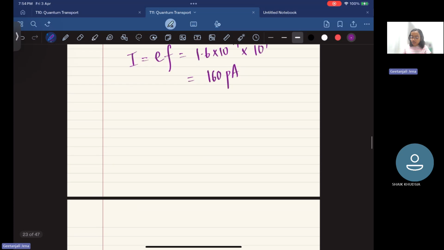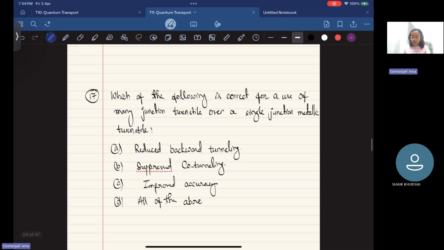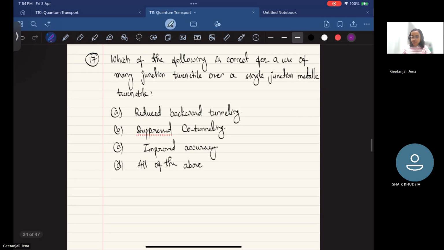Is it clear? Is this question okay? So for question number 17, this would be our, I think, last question to solve today. It says, which of the following is correct for the use of a many junction turnstile over a single junction metallic turnstile?